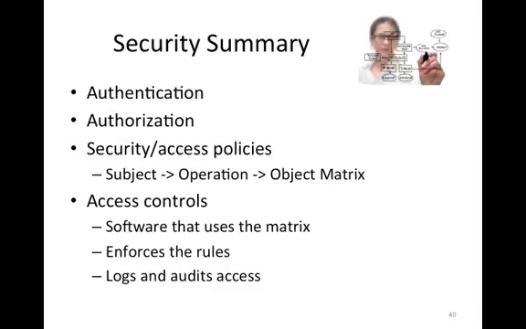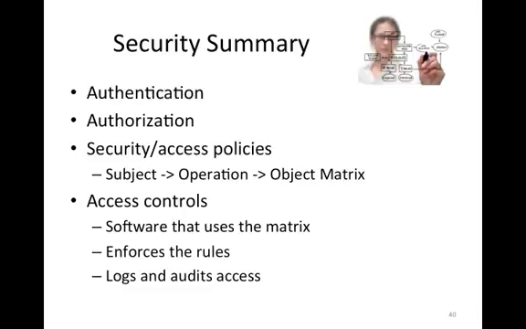So we have multiple components that work together to create security within a system. We have authentication, ensuring that the people who are signing in are actually the people that we expect them to be. We have authorization, a way of allowing people to have access to certain parts of the system, to certain data elements, depending on who they are.